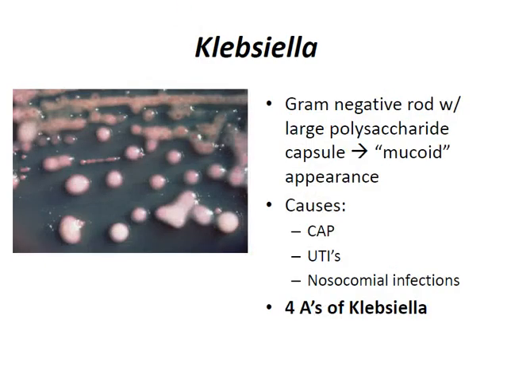So Klebsiella is a gram-negative rod with a large polysaccharide capsule, and they call that the mucoid appearance because it's got such a large capsule. As you can see here, it appears almost mucousy.